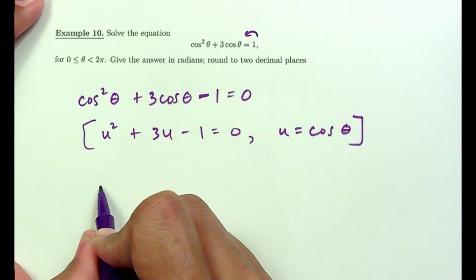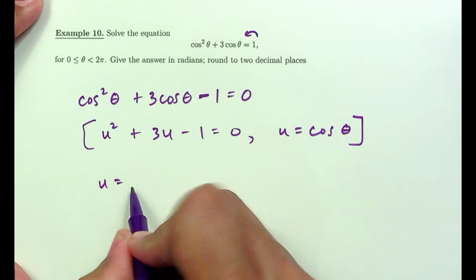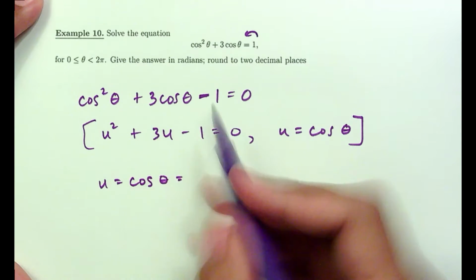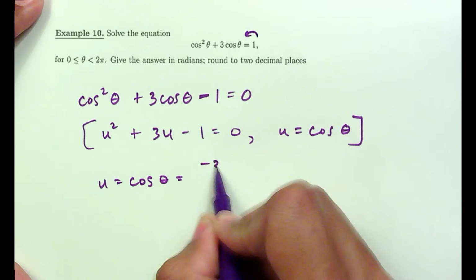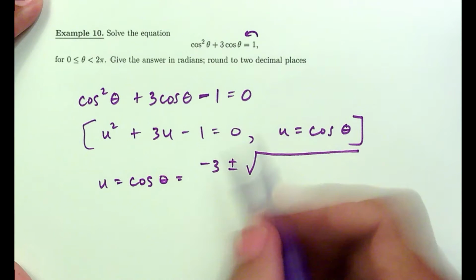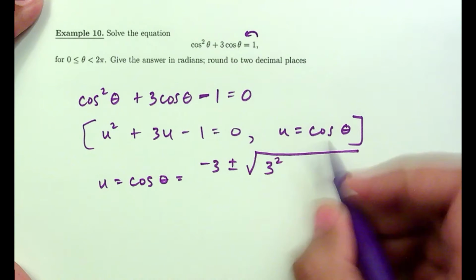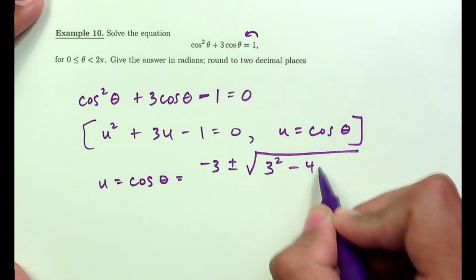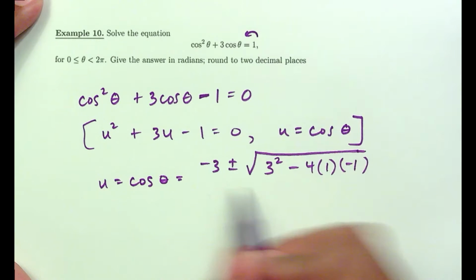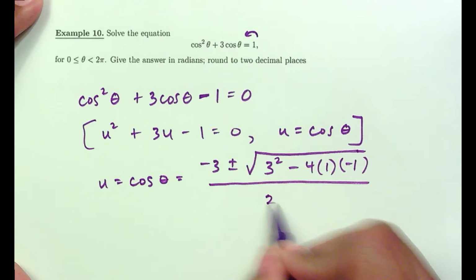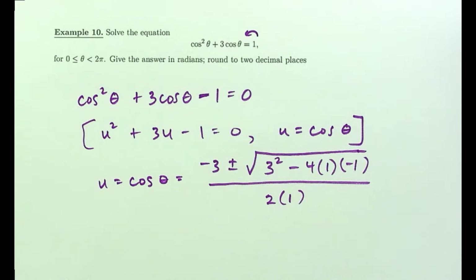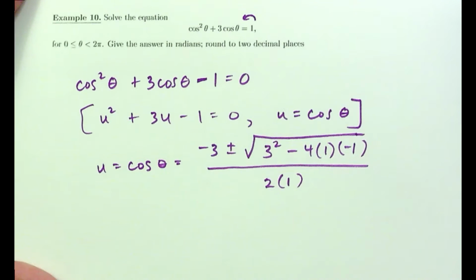So we're going to get u, which is nothing but the cosine. u equals negative b, so it will be negative 3 plus or minus the square root of b squared, so 3 squared, minus 4 times a times c, over 2a. Okay, so that's just the quadratic formula from college algebra.